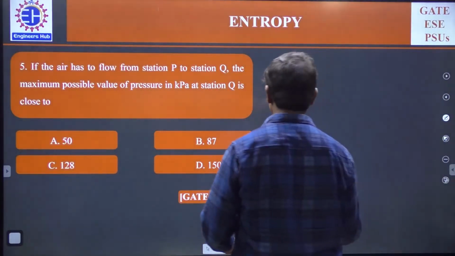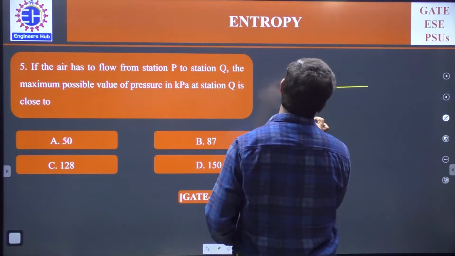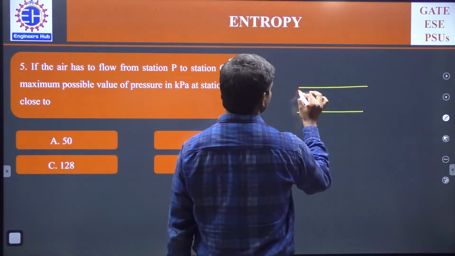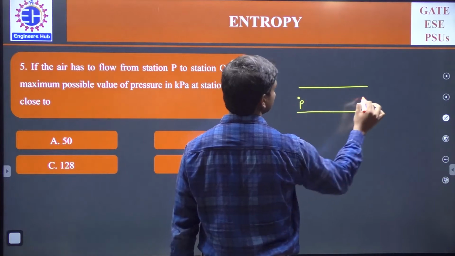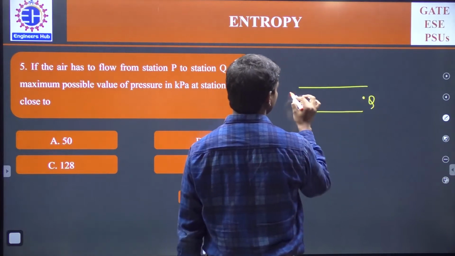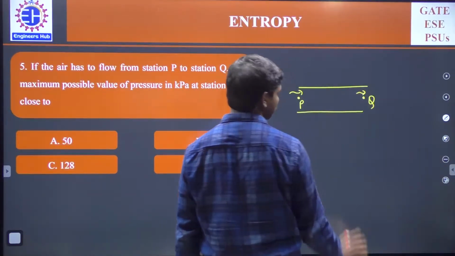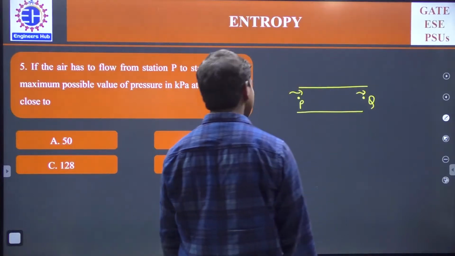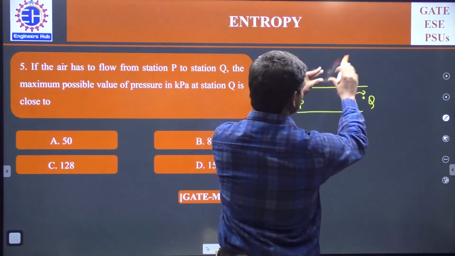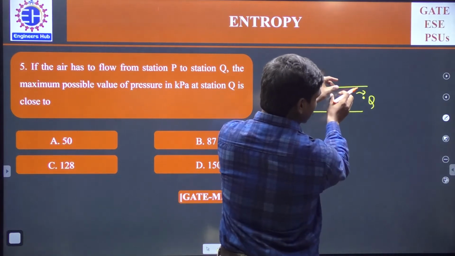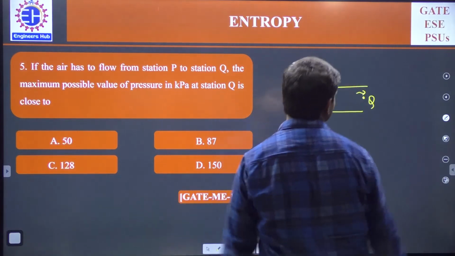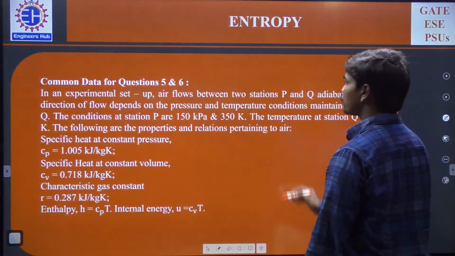So if you see in an experimental setup, this is station P and this is station Q, and some air is flowing from P to Q adiabatically. If this is flowing adiabatically, there is no heat interaction from this experimental setup to the surroundings. Now, let us go for the conditions.